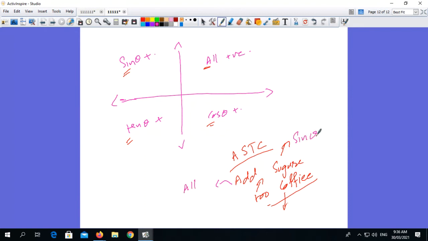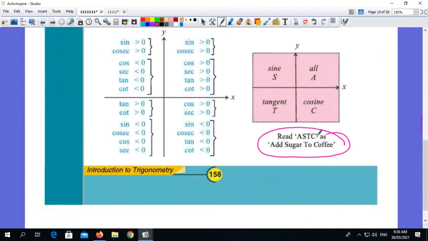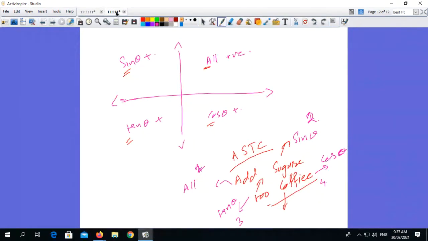This is first quadrant, second quadrant, third quadrant, and fourth quadrant according to the position of the words. Add sugar to coffee.